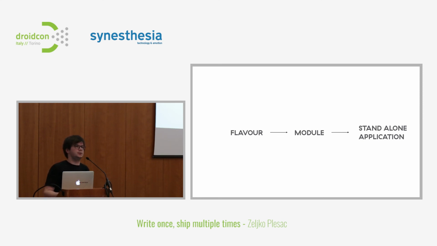But let's say that they have decided to switch between caching mechanisms, and they wanted to start using Realm or something like that, and that's not working for you. So you have to remove all the dependencies and provide them yourself, and then you can safely say that this application can live on its own.